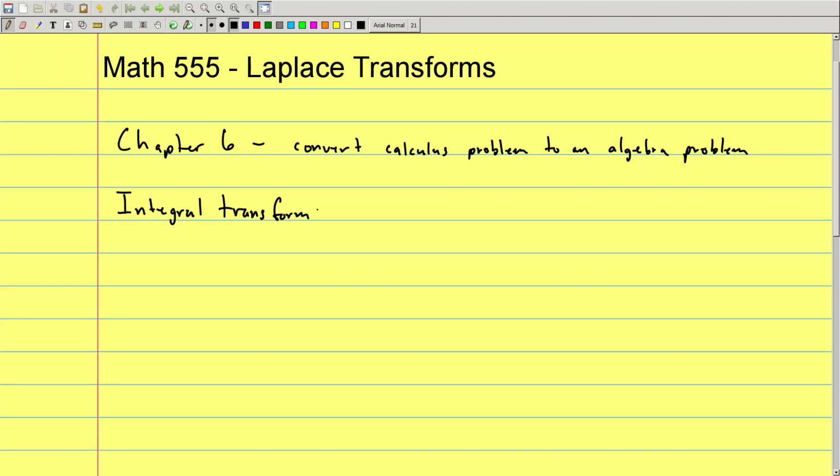The integral transform of note for these problems is a Laplace transform, but that is not the only type of integral transform out there.